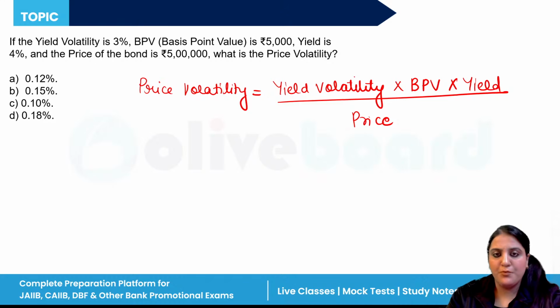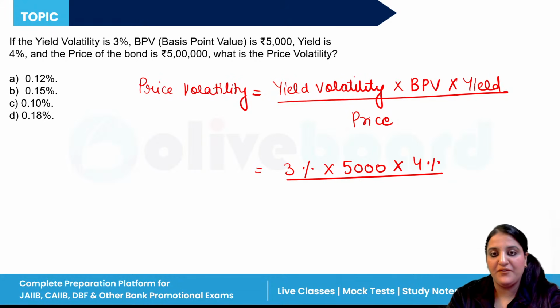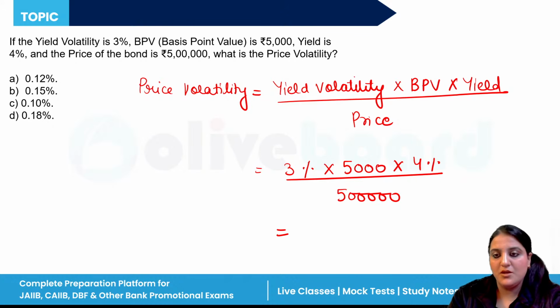Now just put in the values. Yield volatility is 3%, basis point value is 5,000 rupees, yield is 4%, divided by the price, which is 55 lakh. It will be equal to 0.0012, which we can write in percent as 0.12%.